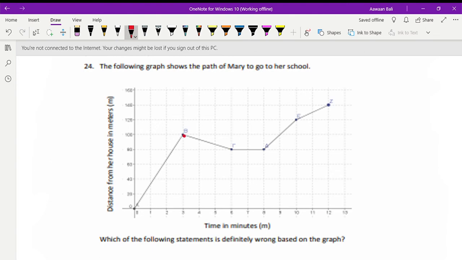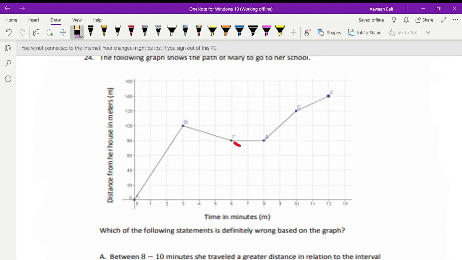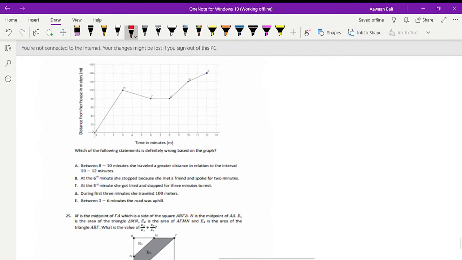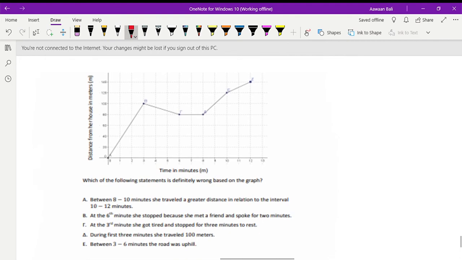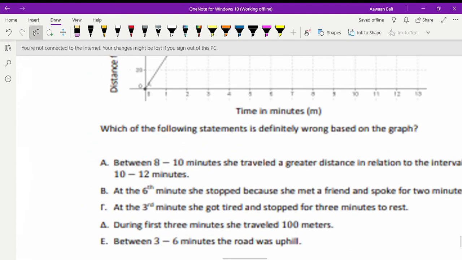So this is exactly what she's doing. She's going slower because she's climbing uphill. And then it makes sense that after her pause, she goes back faster, like with this big jump, because now she's going downhill. Makes sense, right? So therefore Eta is correct, and the answer is gamma.